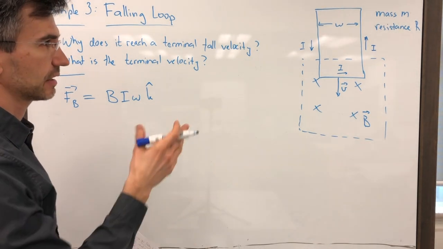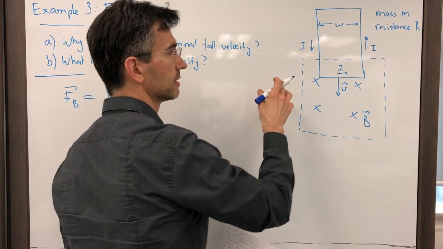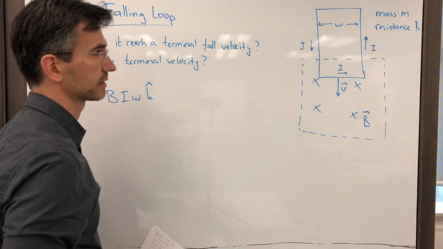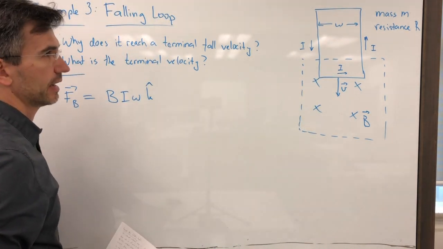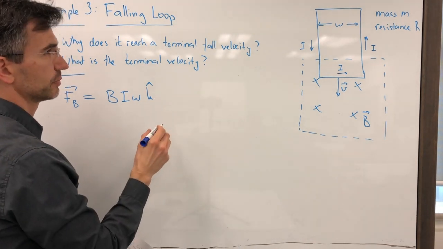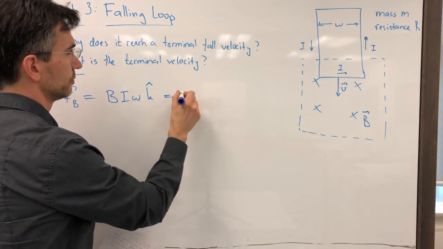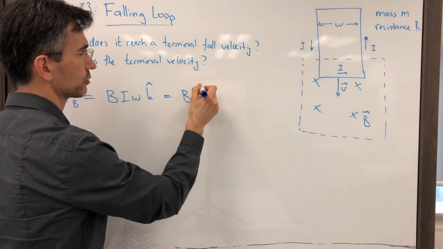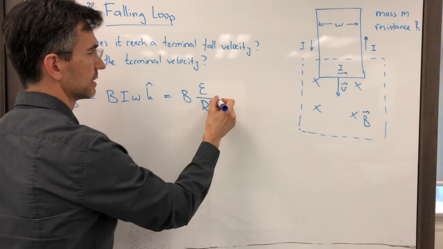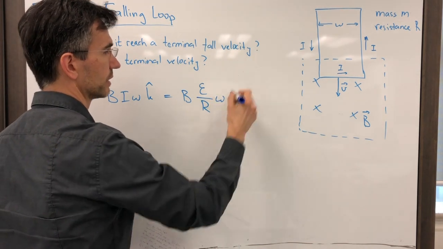So this is the net magnetic force acting on the entire loop. And we know that the current itself is going to be equal to the motional EMF, epsilon over R, so F equals B epsilon over R, W, k.